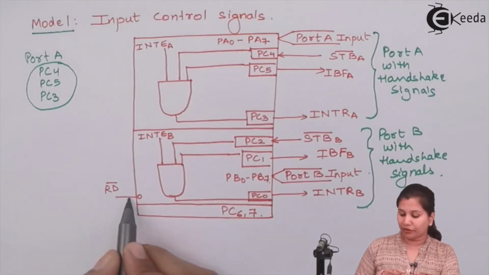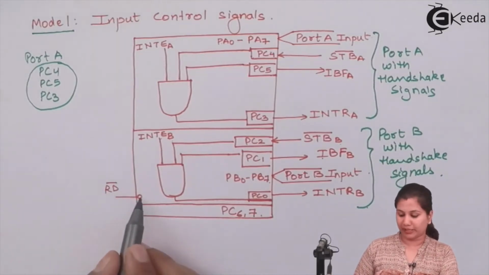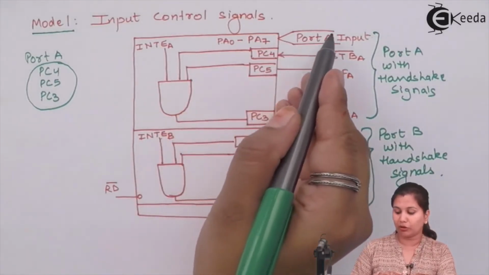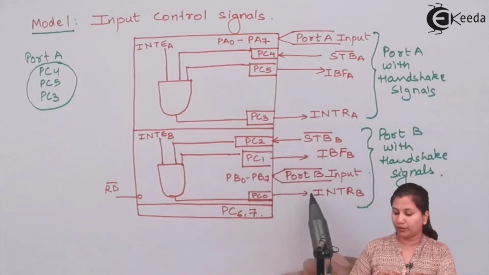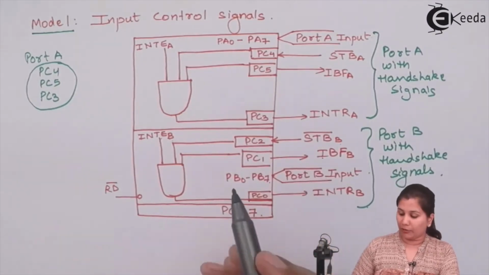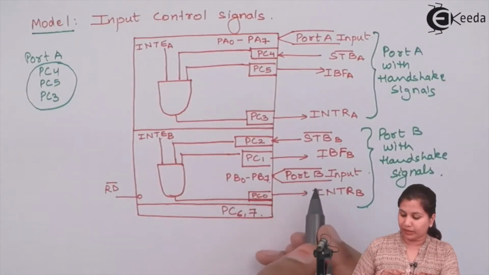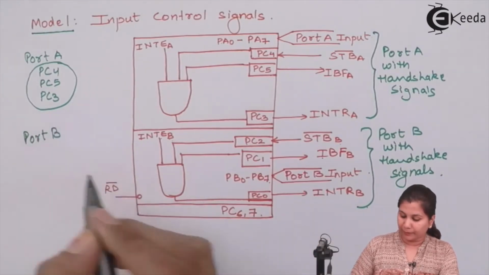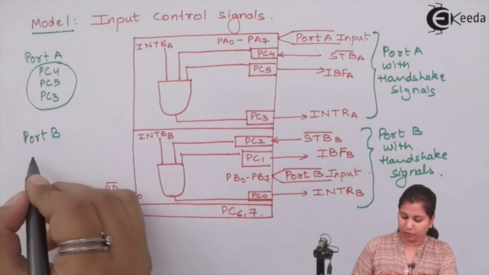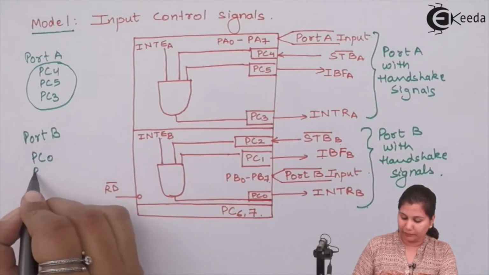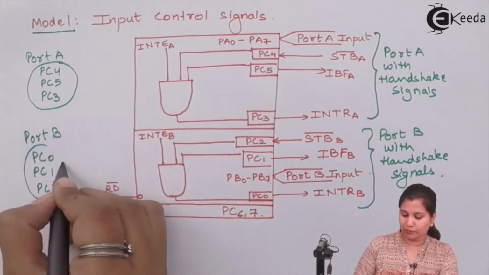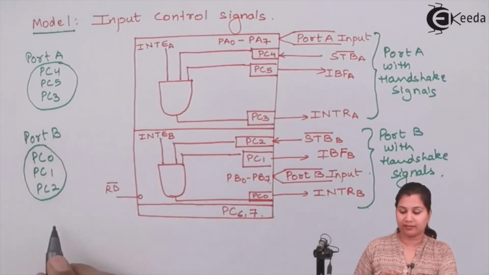So here we have the read signal from the microprocessor, which is used to read the data bytes available on port A and port B. Now among the remaining lines, you can see that port B is using PC1, PC2 and PC0. So PC0, PC1 and PC2, these 3 lines are used by port B for the handshake signals.